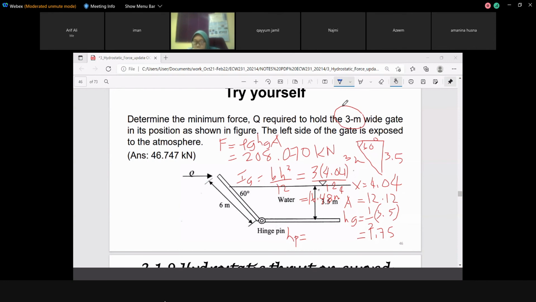Bukan 82. Betul. Orang lain? Tak dekat dah, tapi lari sikit.